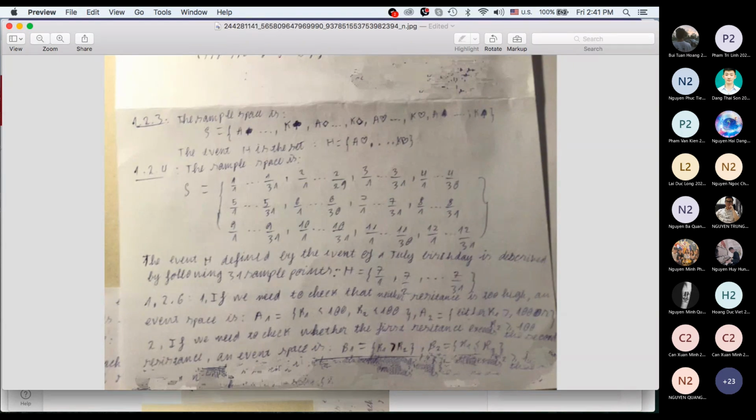Now continue to check the solution of exercise 1.2.4. Sample space: 1,1 to 1,31; 2,1 to 2,29; 3,1 to 3,31; and 4,1 to 4,30. Okay.